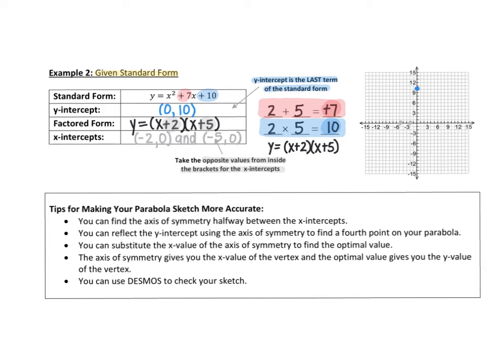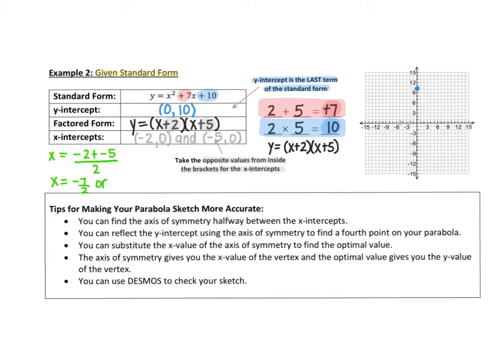From here, we can find the axis of symmetry. Once again, we find the axis of symmetry by looking halfway between our zeros. We can do this mathematically by adding the two zero values and then dividing by 2. So negative 2 plus negative 5 is going to give us negative 7.